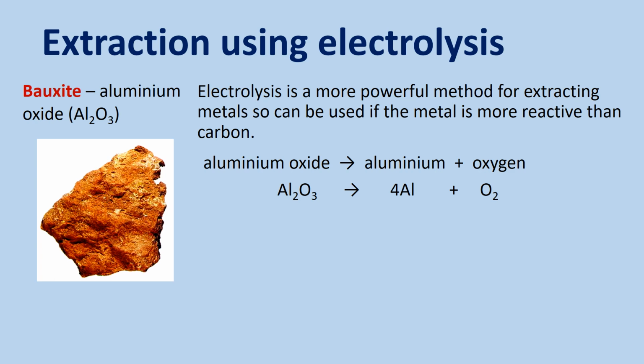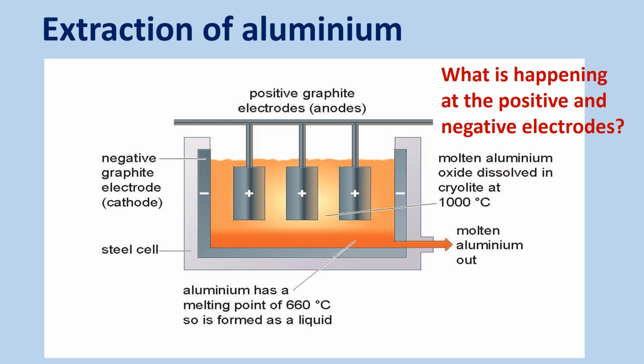But how are we going to do that with electrolysis? Well, electrolysis of aluminium oxide is complicated. You can see that the whole of the bottom of the tank is the negative electrode, and then there are 3 positive electrodes sticking into our molten aluminium oxide.